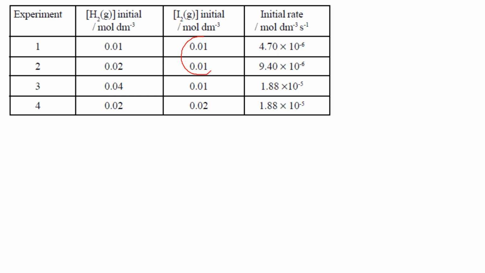Hopefully you can see there that the concentration of the iodine is constant, but that the concentration of the hydrogen has doubled, and as a consequence the rate doubles, and therefore it's first order with respect to the hydrogen.